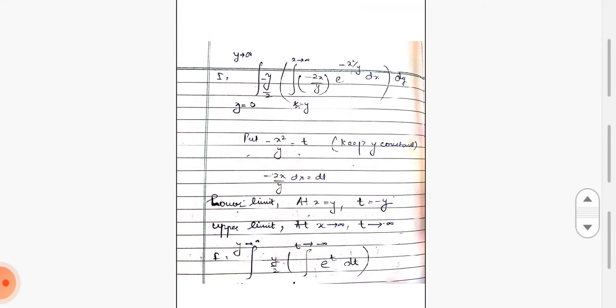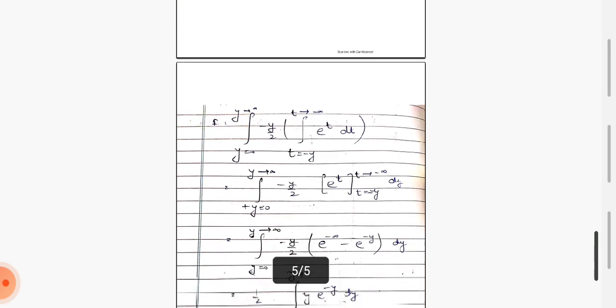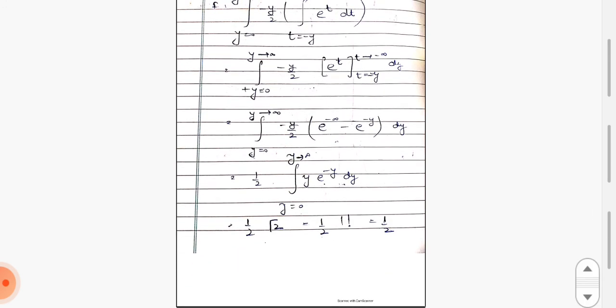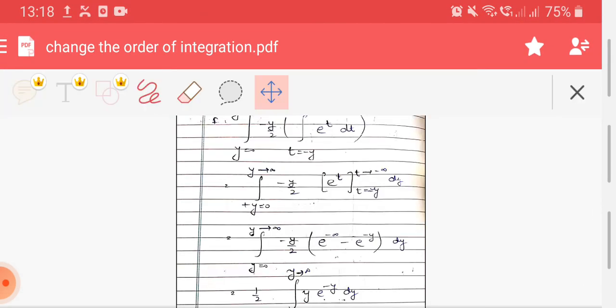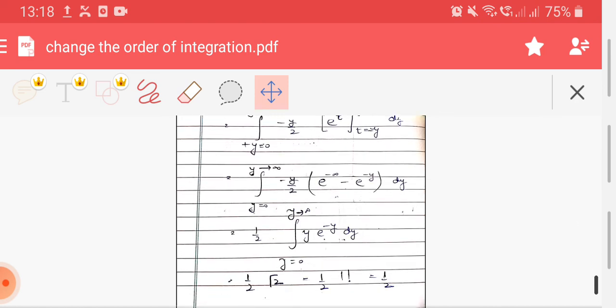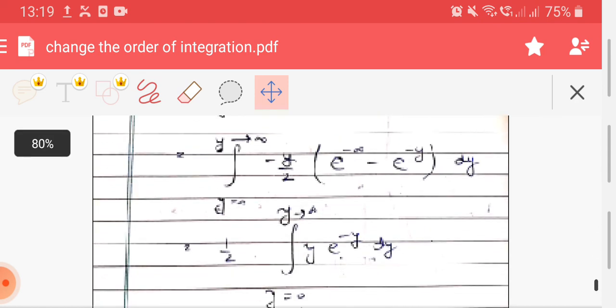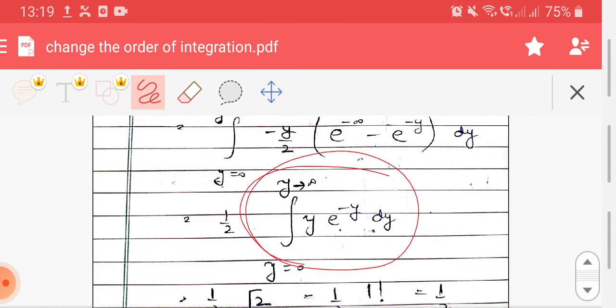You can take a screenshot and do the calculation yourself. By changing the lower limit and upper limit, and the basic calculation I have plotted, after integration I was left with only this last step. So this last step I'll get with this one. This is the point from where your final answer will be concluded.